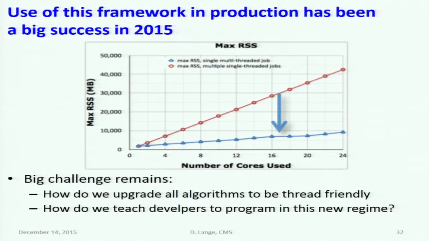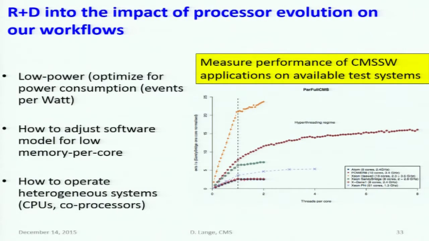We've done all the important ones. And as a community, the physicists don't know how to write software that's thread safe, let's say. So we have to teach them how to do that, even though maybe we don't have the expertise ourselves.